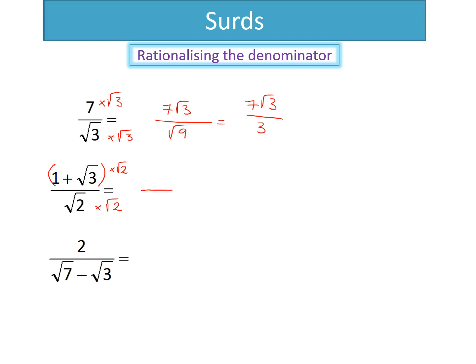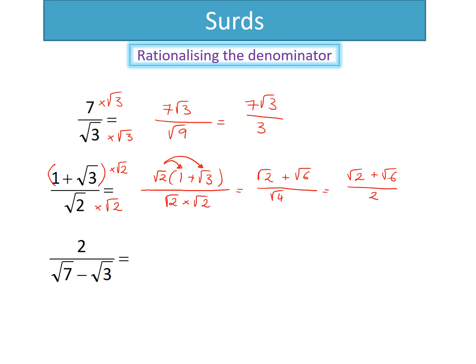So I could write this in this way. Now I'm expanding, so that's root 2 times 1, which is root 2, then root 2 times root 3, and that is root 6. And then I've got root 2 times root 2, which is root 4, and that is simply 2.